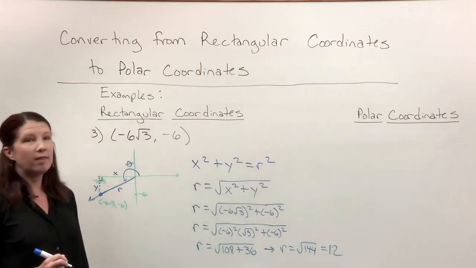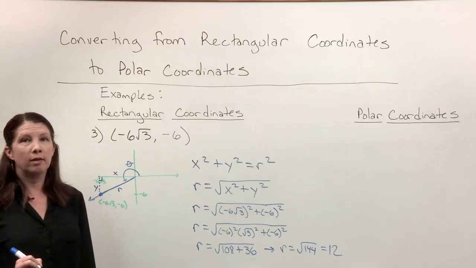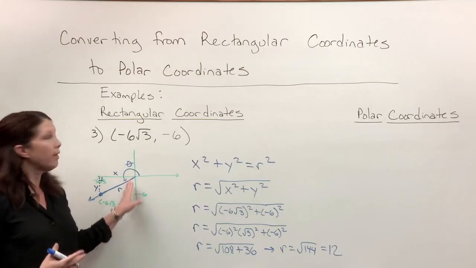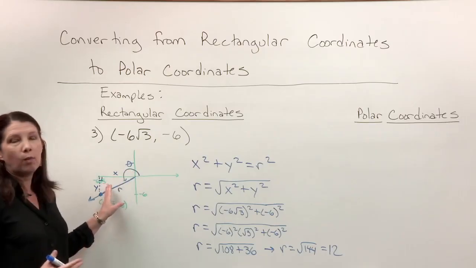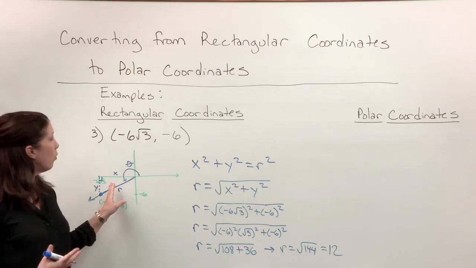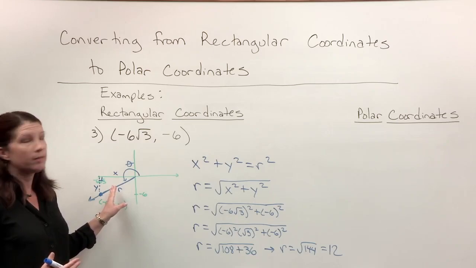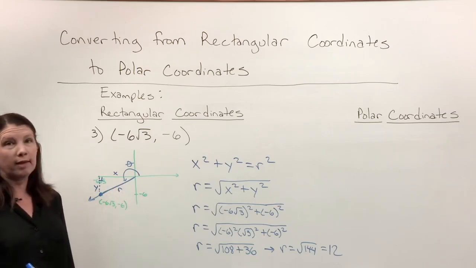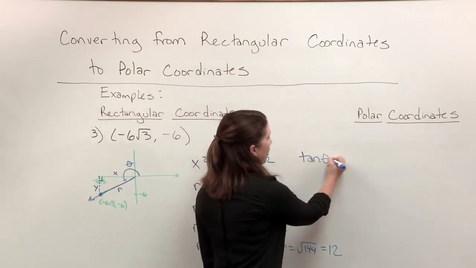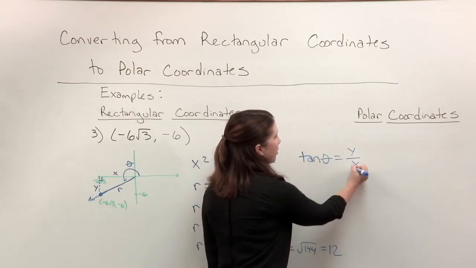Now we need to find theta. So again, recall from earlier sections, how can we relate theta to x and y? If you think through your trigonometric functions, we would want to use the tangent function. So the formula that we will use to find theta is tan theta equals y over x.